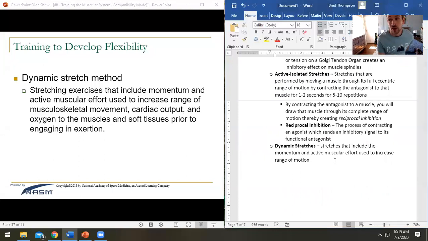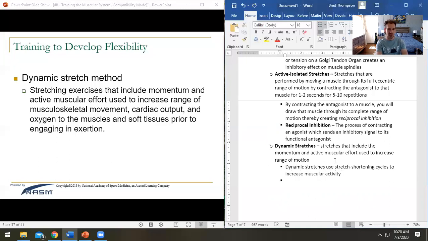Now, this is not a great way to improve your actual flexibility in terms of long-term changes, but it can be a really good way to increase your mobility temporarily. Because what it will do is it will create a series of stretch shortening cycles. So dynamic stretches actually use stretch shortening cycles to increase muscular activity.